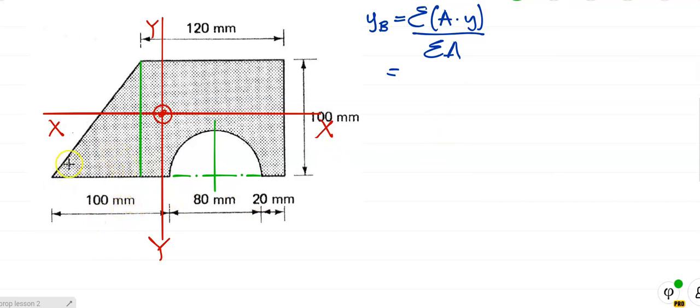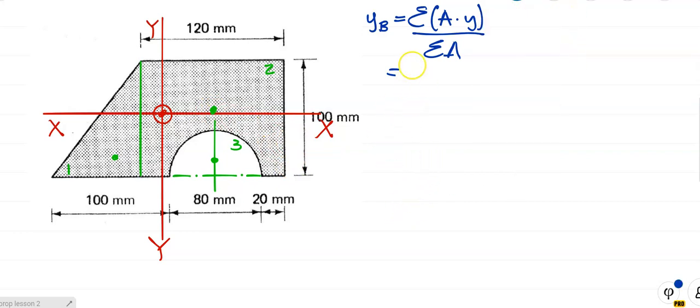So my triangle, I'm going to make that element 1. I'm going to make my rectangle element 2, and my semicircle element 3. The centroid for the triangle will be sitting somewhere over there, the centroid for the semicircle somewhere over there, and the centroid for the rectangle somewhere over there.